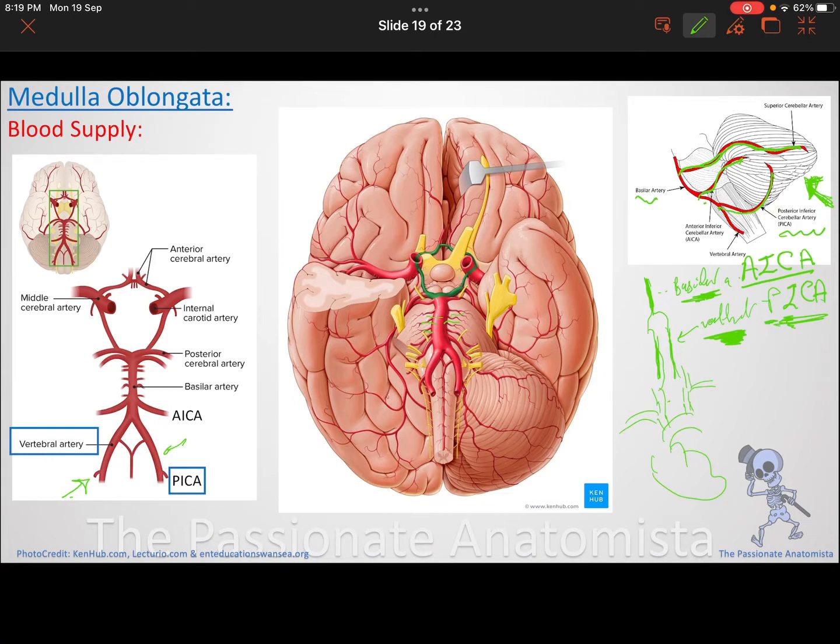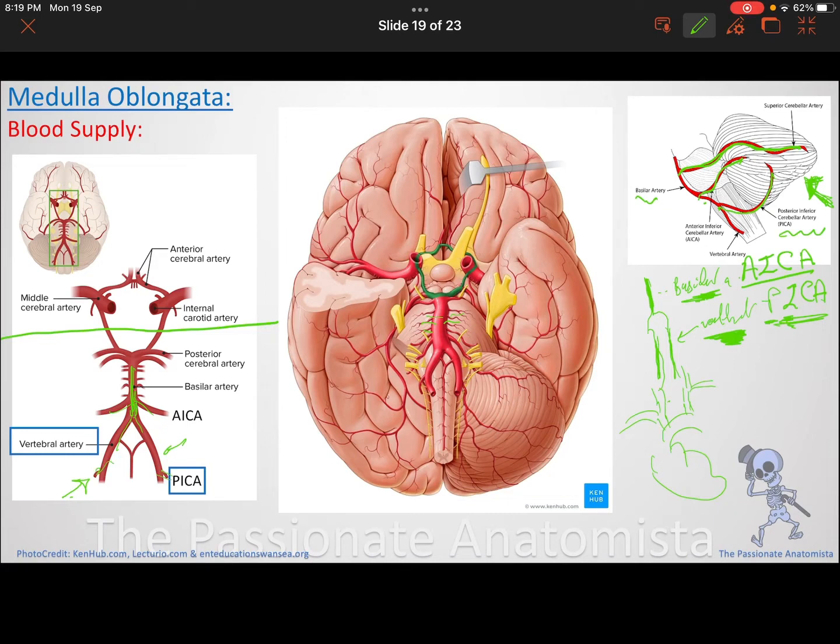superior cerebellar artery. Why do I want you to know that? And one more thing, I just want to mention it before we finish the talk here about half of the circle of Willis. After all, the vertebral will give you the PICA, down here.